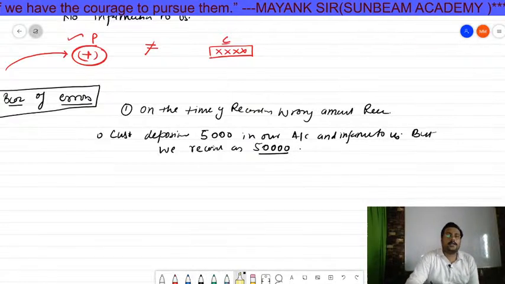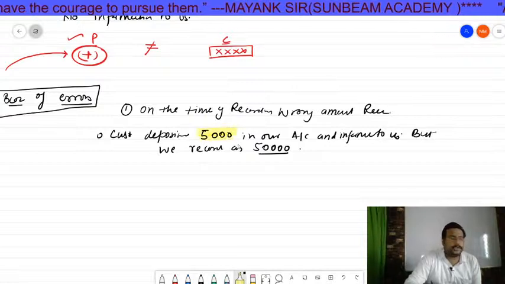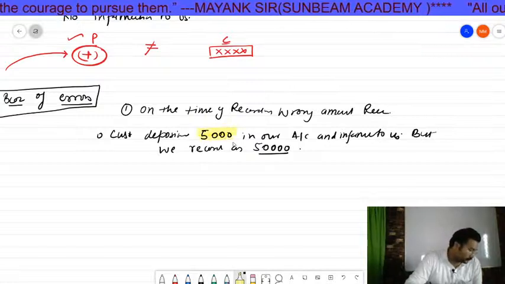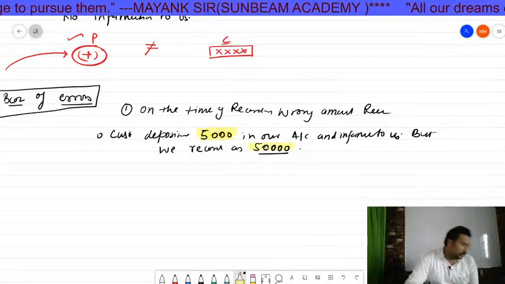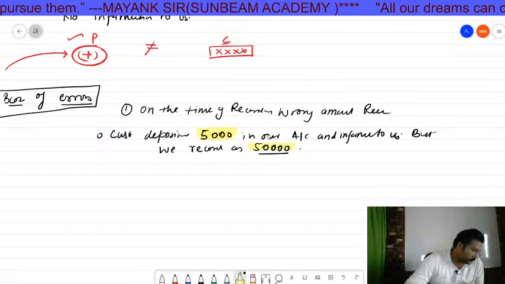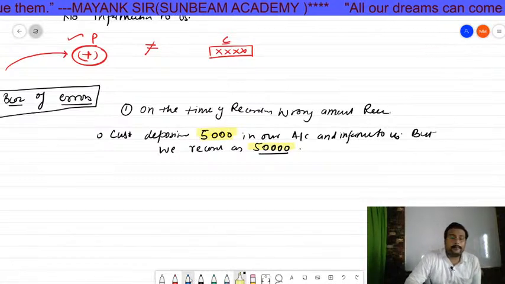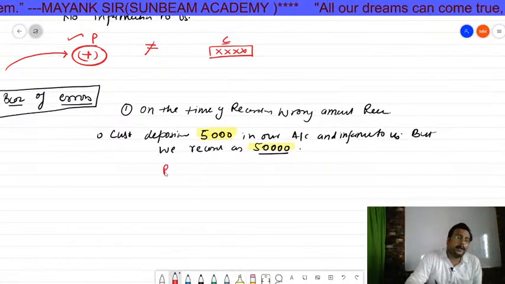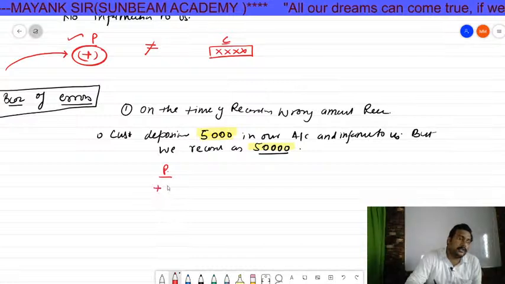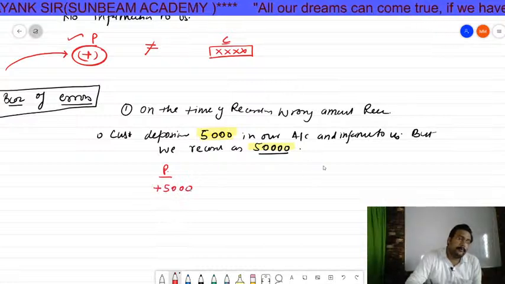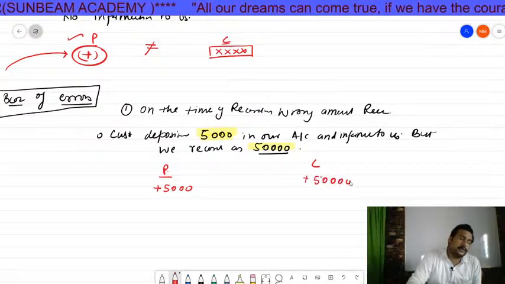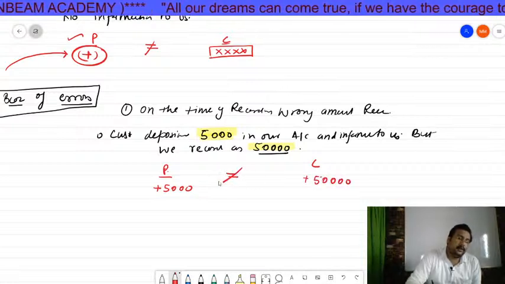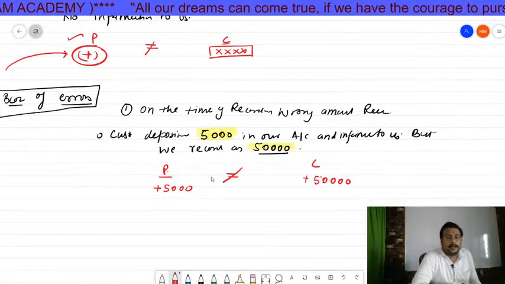See, child, a customer deposited 5,000 in our account and we recorded 50,000. Then the bank passbook will increase by 5,000, but we increase our cash book by 50,000. So are both equal? No. So the difference will come.